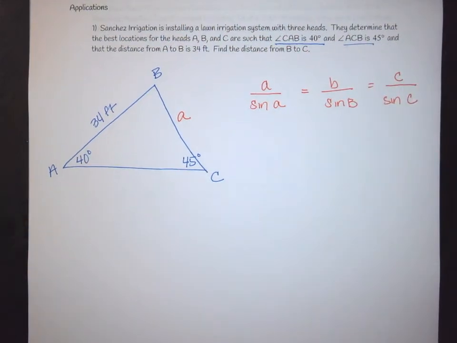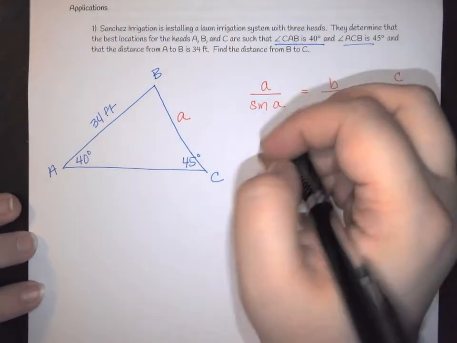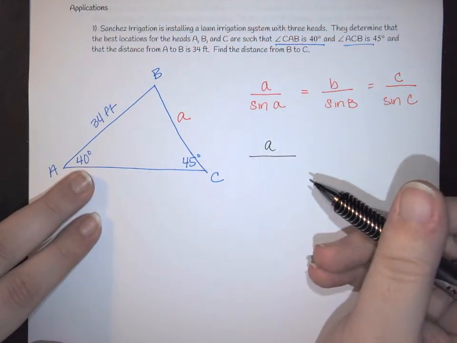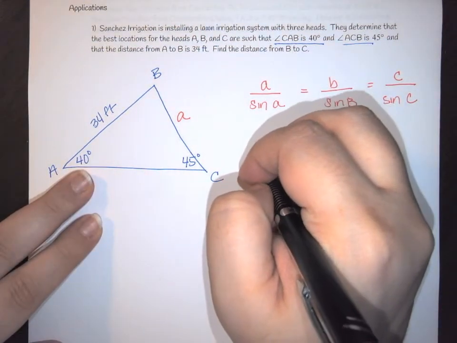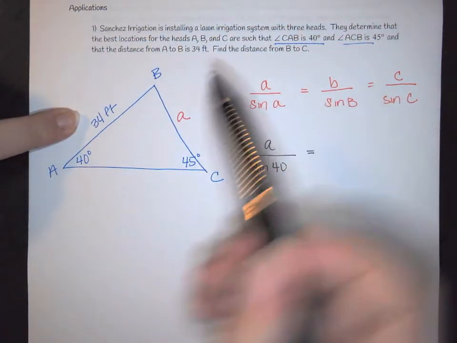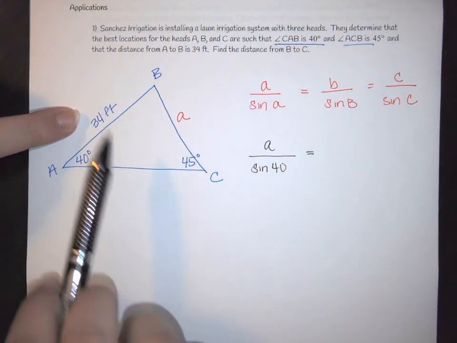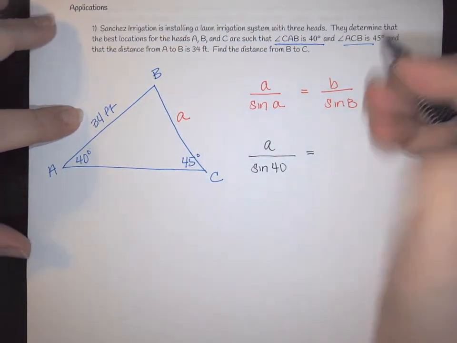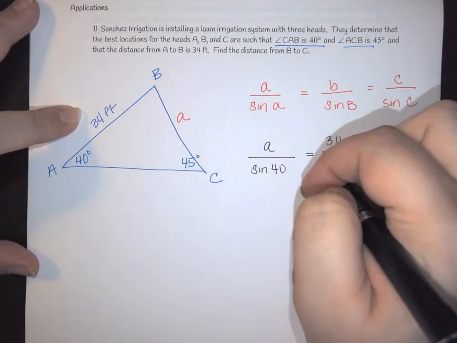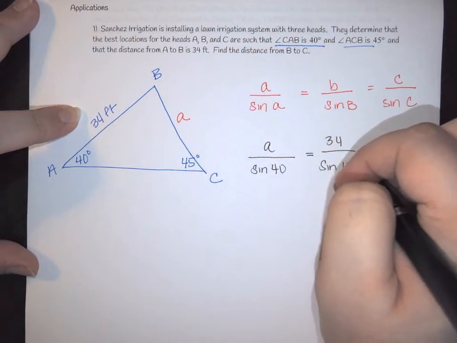That's the law itself. So here we don't know a, so we have a over, but we do know angle A. So this is going to be the sine of 40. We don't know anything about angle B or side b, but we do know my pair of C's. So this is going to be 34 over the sine of 45.